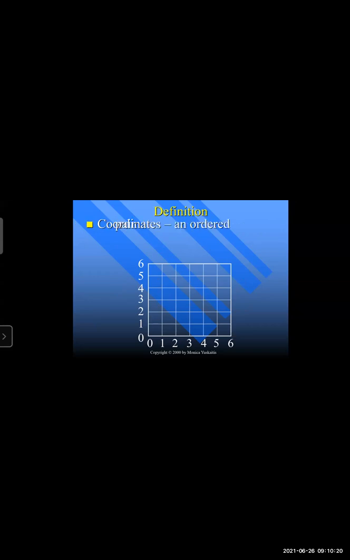Now next, what is meant by coordinates? An ordered pair of numbers that gives the location of a point on a grid. Here the ordered pair is 3, 4.